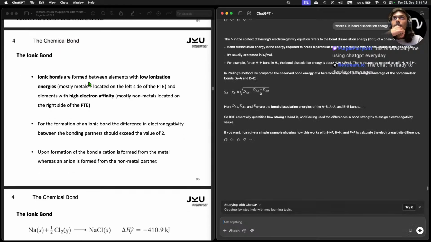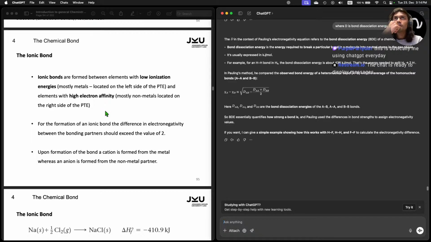Ionic bonds are formed between elements with low ionization energies and elements with higher electron affinity. Low ionization energy, what does that mean? Ionization energy is the energy required to eject an electron, right?